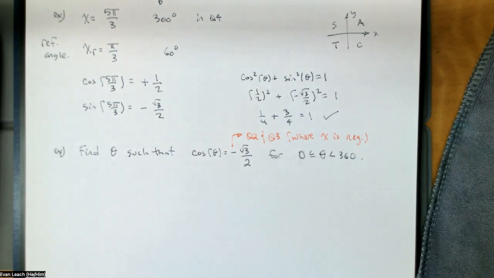We get quadrant information from the trig function and the sign. The cosine and root 3 over 2 are going to tell us a particular reference angle.